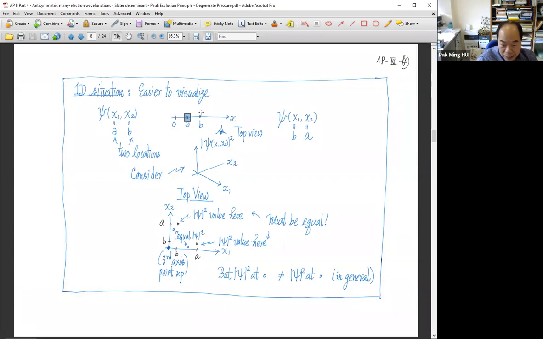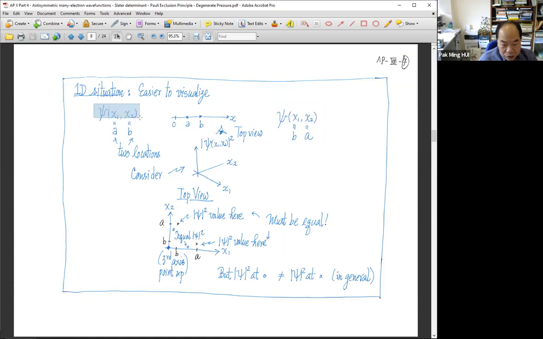This is position A, this is position B. The first entry, the second entry, a function of x1, x2. So x1 can take on A, x2 can take on B. This is one situation, two locations, you have a number. The other situation is that x1 takes on B, x2 takes on A, and you have another number, okay?